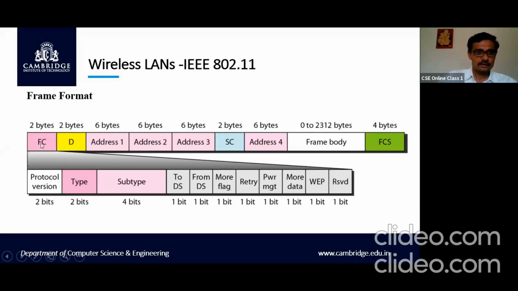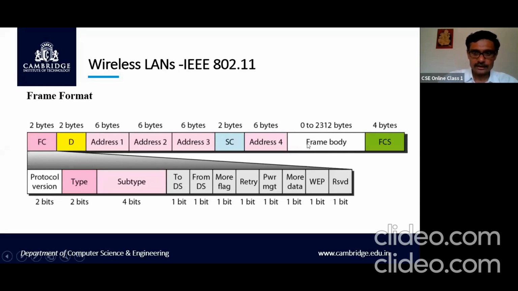You see here the frame format has the frame body. The frame body will be either 0 bytes or a maximum of 2312 bytes. This frame body is nothing but the payload received from the upper layer, which is the network layer.